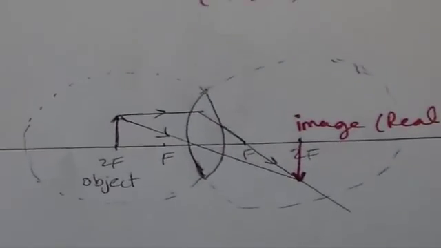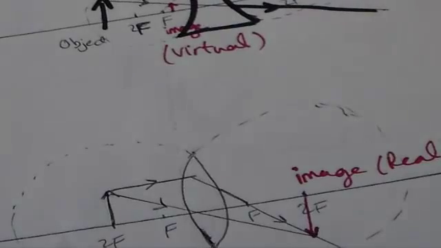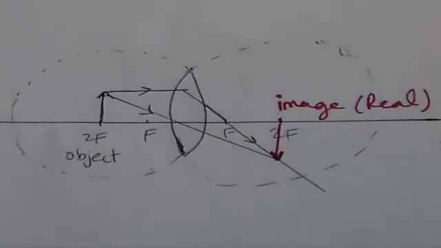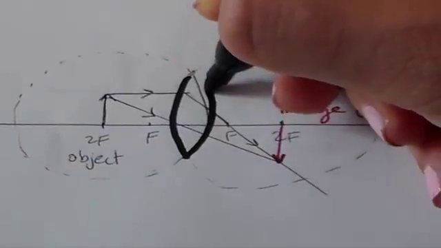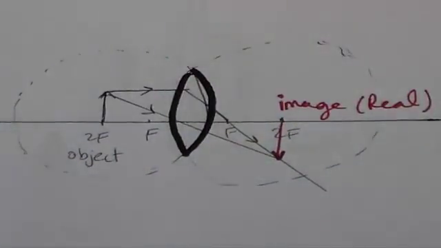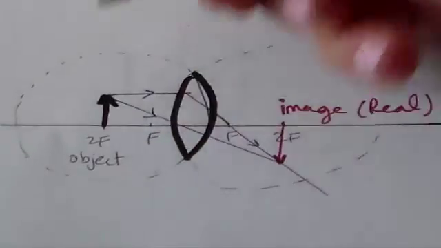Moving on. Basically, what we have is this converging lens. All right, and then I put in my object right here.